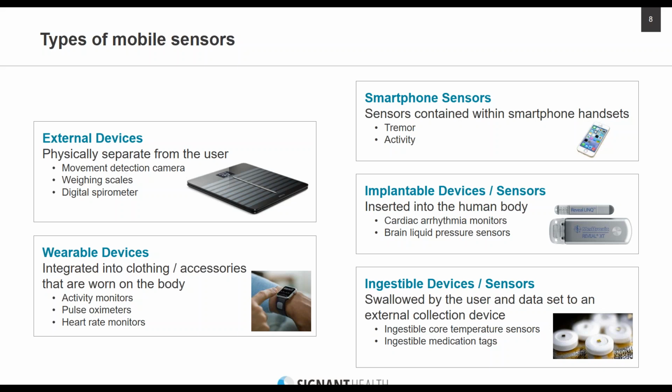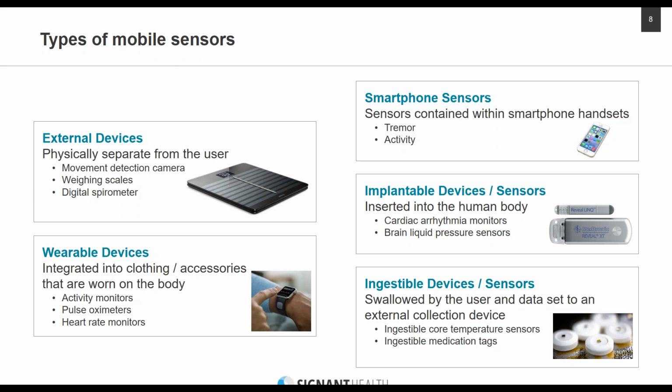If we move on to what's available now, this miniaturization of sensors and circuitry means that things are a lot smaller, and a lot more usable in things like clinical trials. We've got a number of different types of sensors that we're interested in: external devices like weighing scales or spirometers, and wearable devices like activity and sleep monitors, which we'll talk about with Jeremy in just a moment.